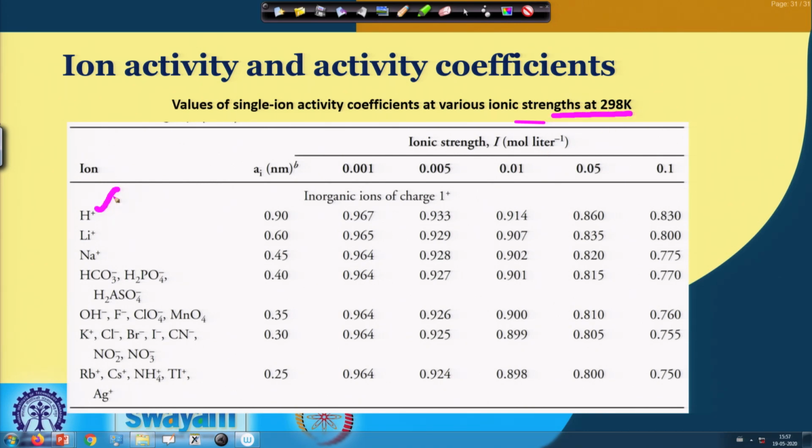We can see how the single ion activity coefficient changes based on the ionic strength, at different ionic strengths and particular ionic radii. So, for lithium, then sodium, bicarbonate, then orthophosphate, and all these, we can get the values of the activity coefficients from this table.